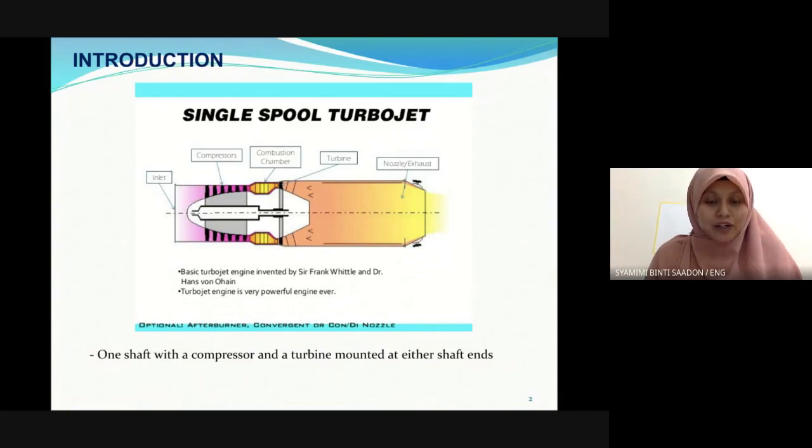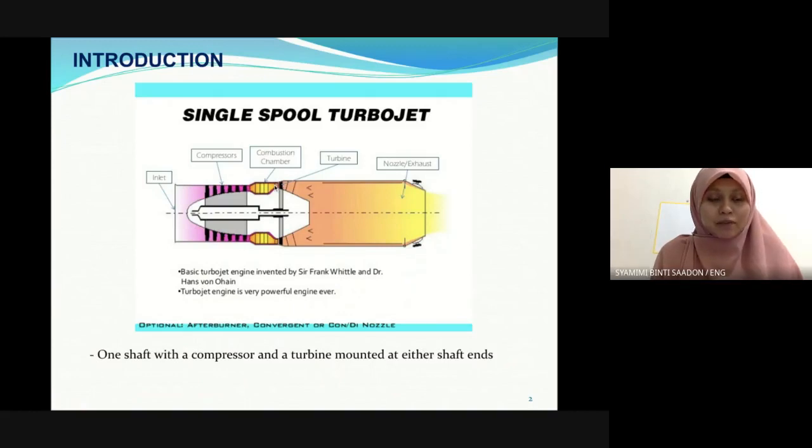As you can see here, we have the inlet intake where the air will enter the turbojet engine, and then we have the compressor after the inlet intake. The fluid will be compressed and goes into the combustion chamber where the fluid will mix with the fuel, and the combustion process will occur here in the combustion chamber or in the burner.